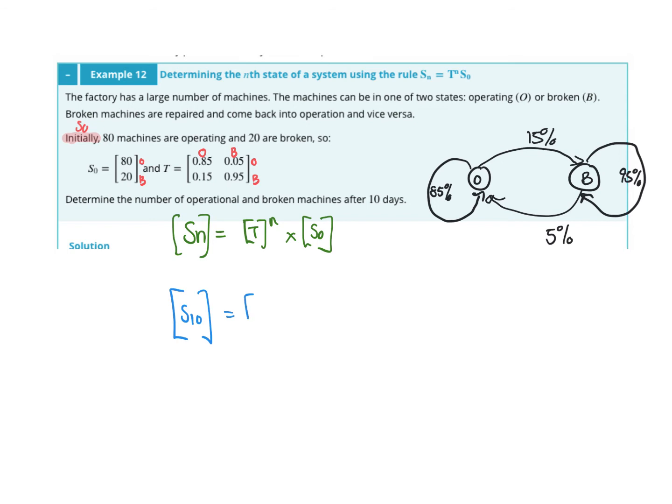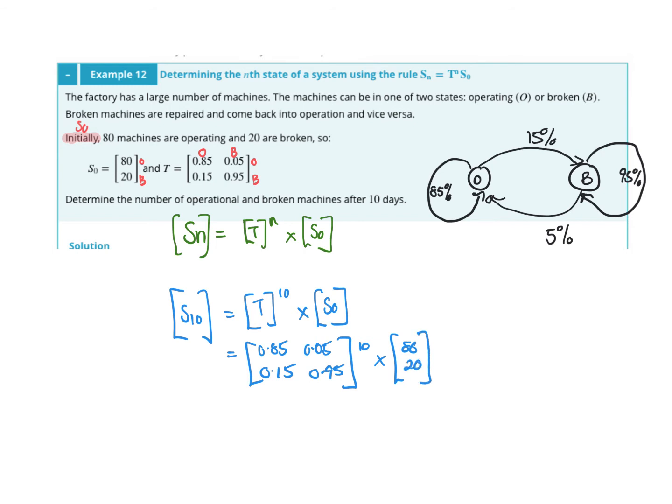So I'm going to do the transition to the power of 10 times S0. Into your calculator, you would type that transition matrix out. While you're writing, double check they're adding up to 1, so that you make sure you've entered it in. So we'll do it on the calc.